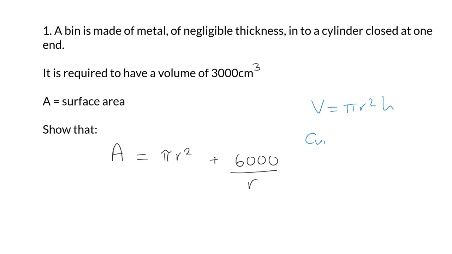The curved surface area, so that's like your label on your tin, is 2 pi r h. And if you've got a base, it's just a circle, so it's pi r squared. And the top is also just a circle, so it's pi r squared. In this case, obviously, we don't have the top.